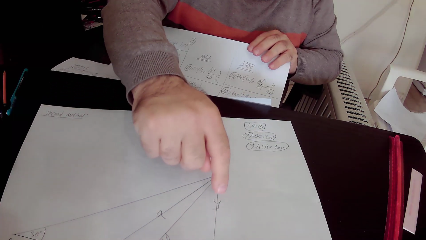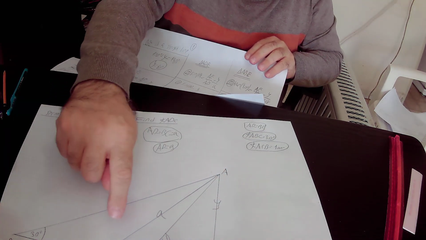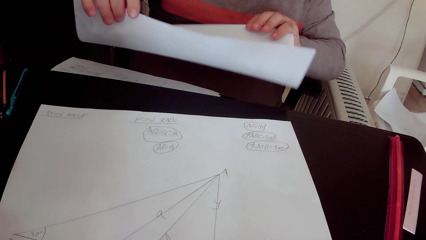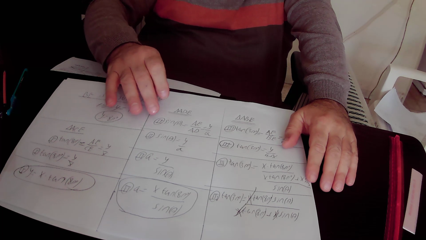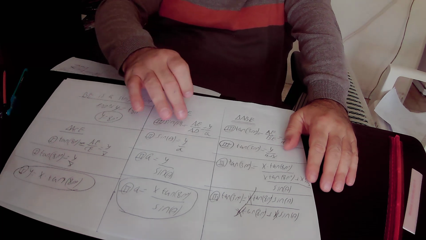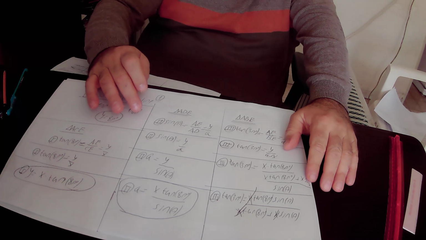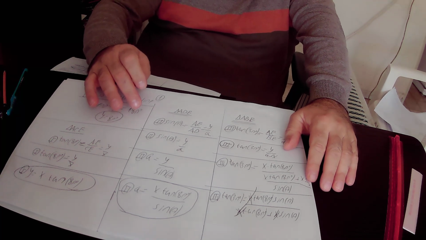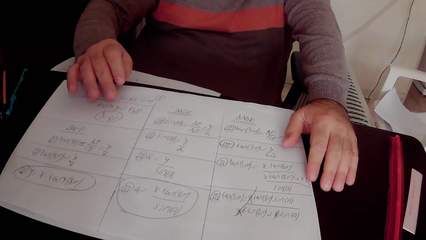But AE equals Y according to our definition, and we have already found out that AD equals A. So in conclusion, sine theta, according to equation number 2, equals Y over A. Here we multiplied equation number 2 by A, and then divided by sine theta, and we got that A equals Y over sine theta.